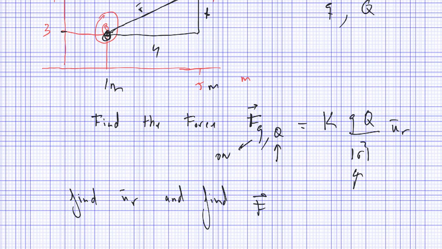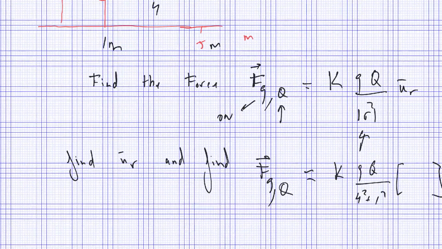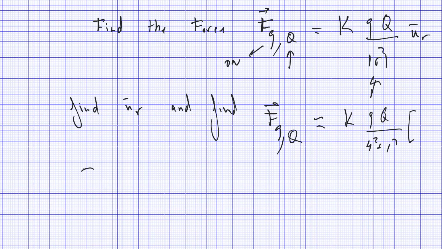F on q due to Q equal to, well, you know, k q Q. The distance squared is 4 squared plus 1 squared. And I want you to find u sub r. The vector u sub r will be this vector. This is what I want you to find. And once you find the force, I want to find Fx and Fy. So what exactly do I want to find?